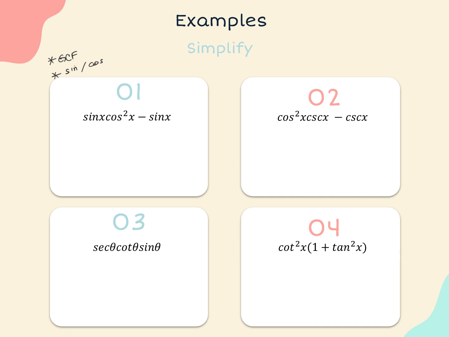So we go to number 1, we go to simplify it, and we contemplate factoring out a GCF. We recognize that sine x is the GCF. That's going to leave you with cosine squared x minus 1. At this point, we wonder, can we simplify this further?